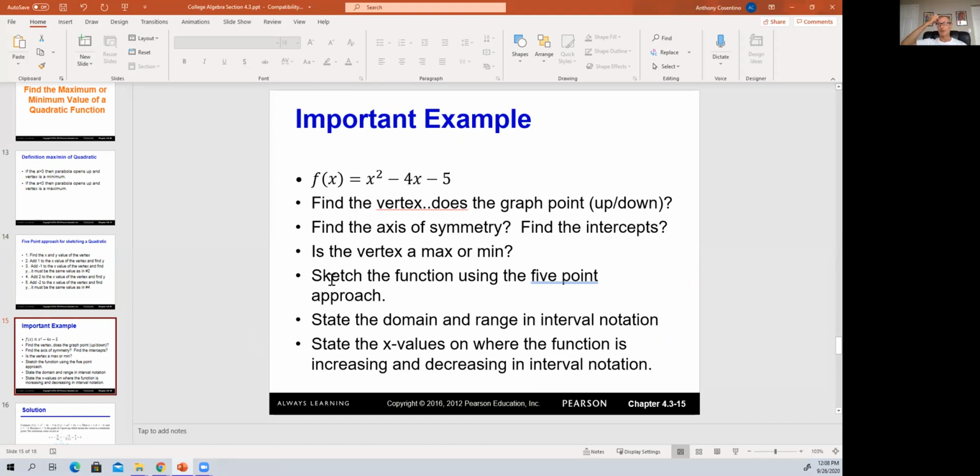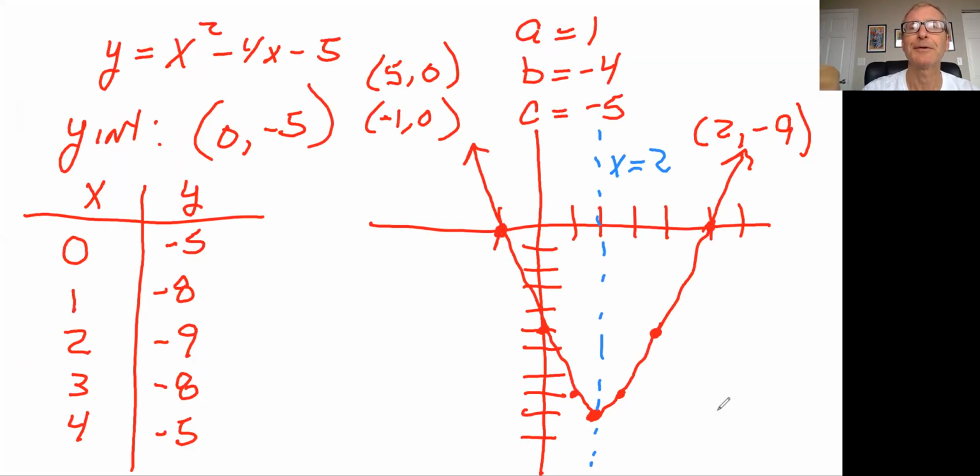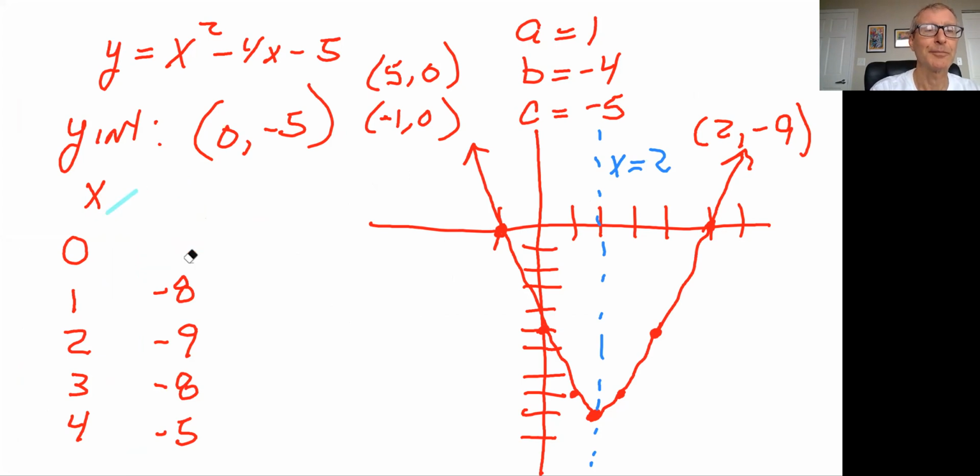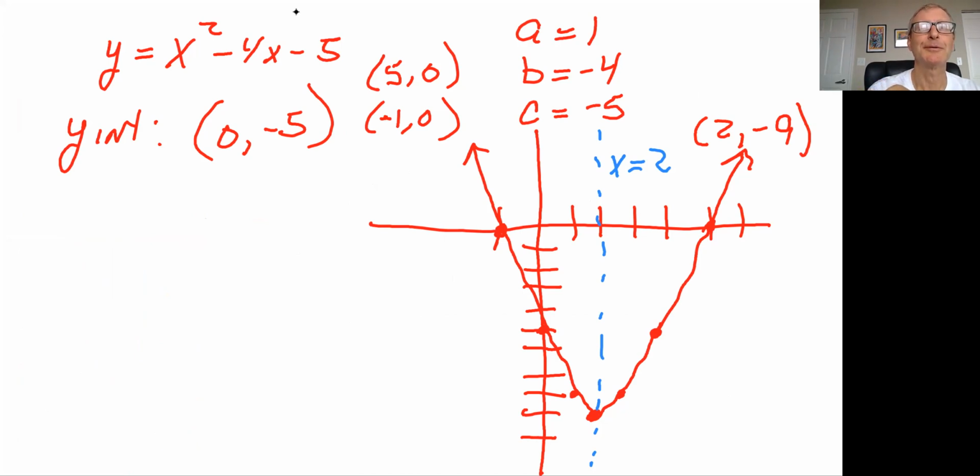And so let's finish this with talking about domain, range, and where the function is increasing and decreasing. And so what we have here, I'll leave all this up. And I don't need my table anymore, but I do need a little bit of room, so I'll use that for this. So the first question is, what is the domain?